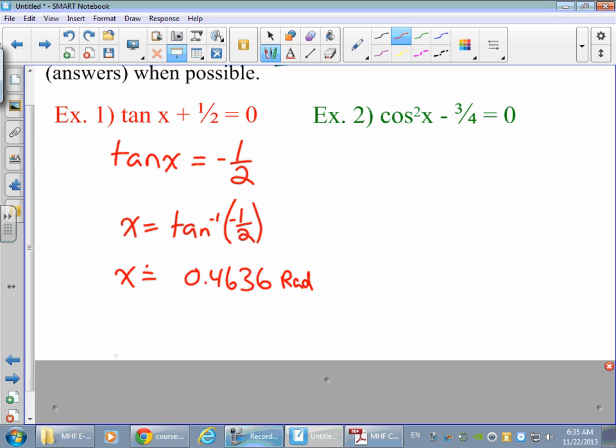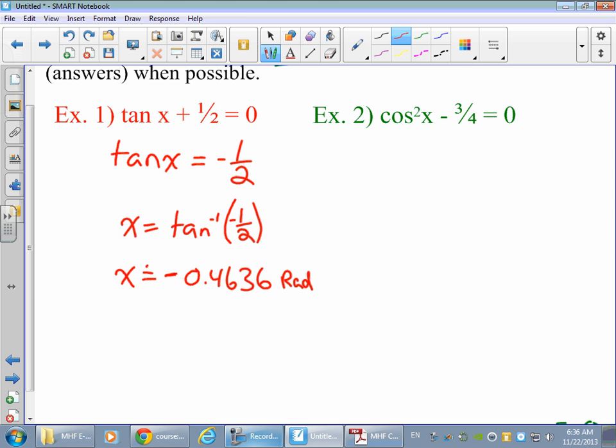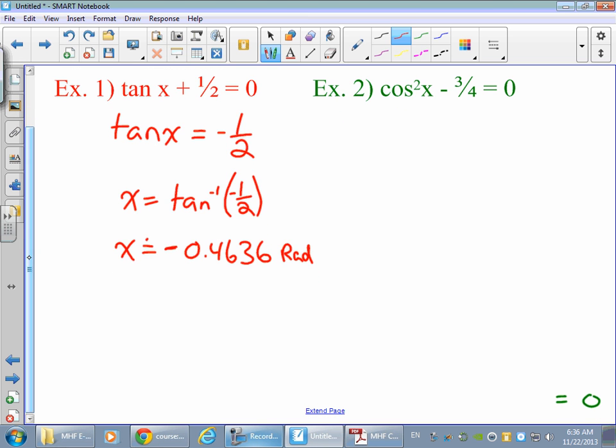Okay, so when I punch in the negative 1/2, I end up with x being negative 0.4636 radians. Now, that's not that important. What is important is what I do with that.